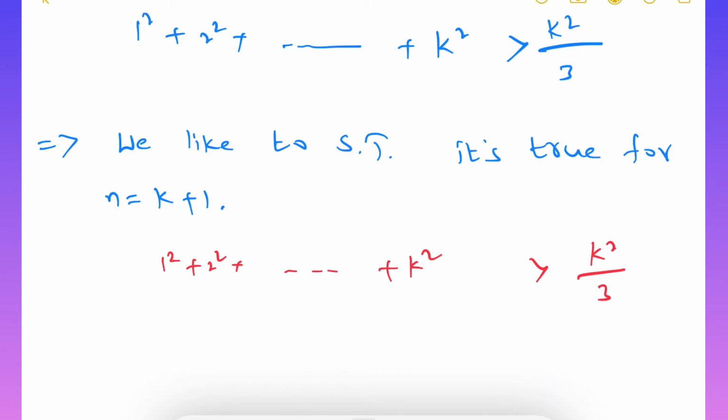What I will do, on both sides of the inequality, I will add the next term, that is k plus 1 whole square. Because here 1 to 2, 1 is increasing, so for k also we need to increase it by 1, that is k plus 1.